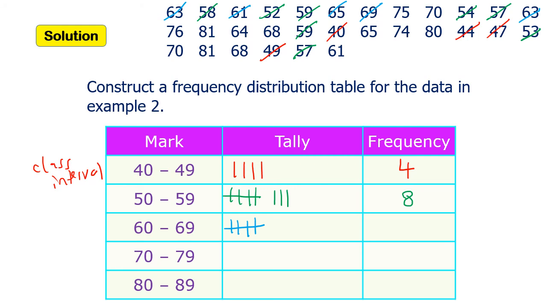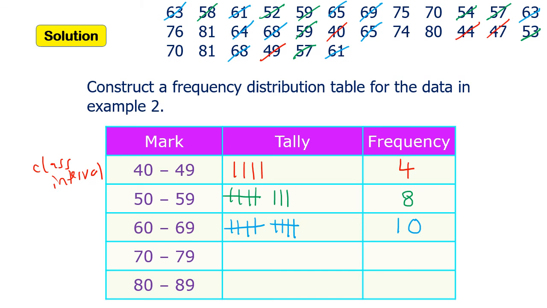For the second row, we have 64, 1; 68, 2; 65, 3, so we have 3 in the second row. For the third row, we have 68, 1 and 61, 2, so another 2. So in total 5 plus 5, we have 10 for the class interval 60 to 69.